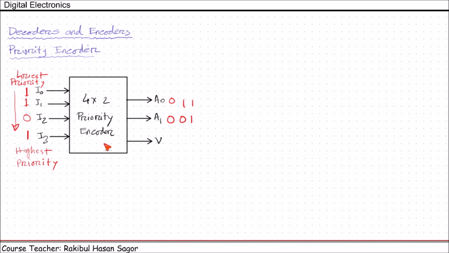First of all, we'll construct the truth table, which will give you a clear picture of this priority encoder. We have inputs I0, I1, I2, and finally I3, and the outputs are A1, A0, and V. Now when all the inputs are 0, 0, 0, 0, then the outputs A1, A0 are don't care.